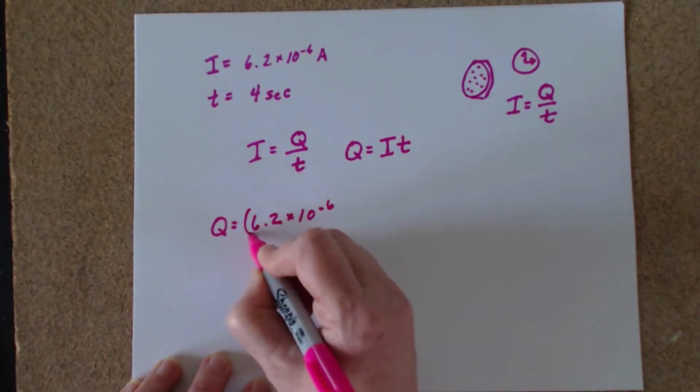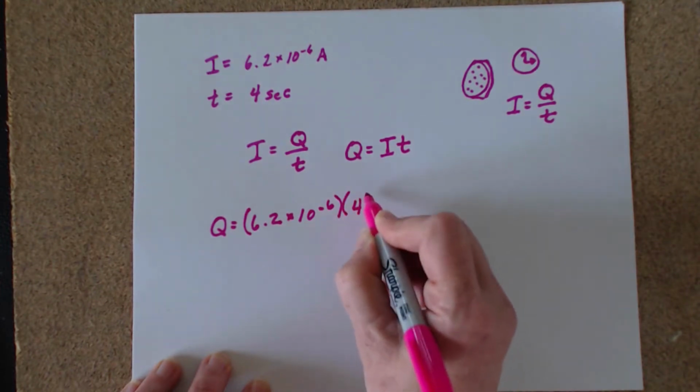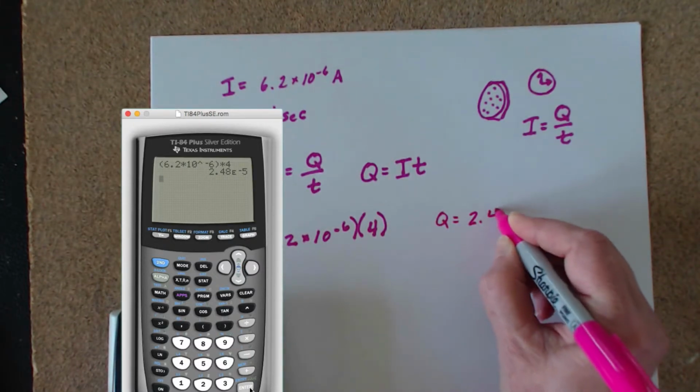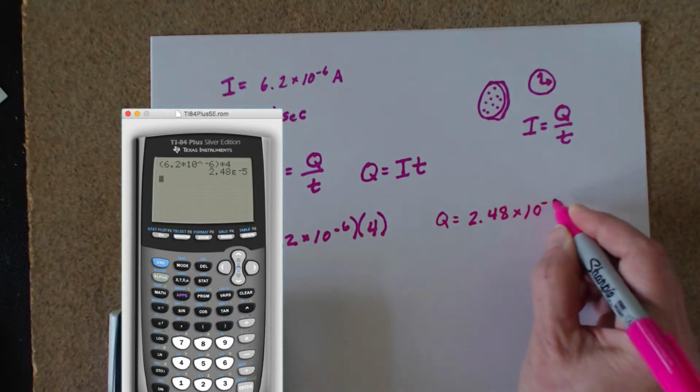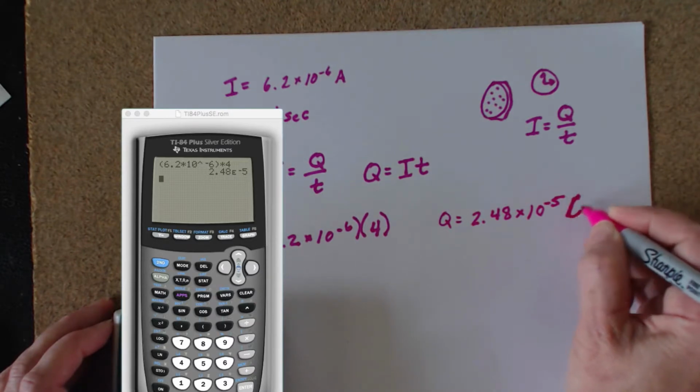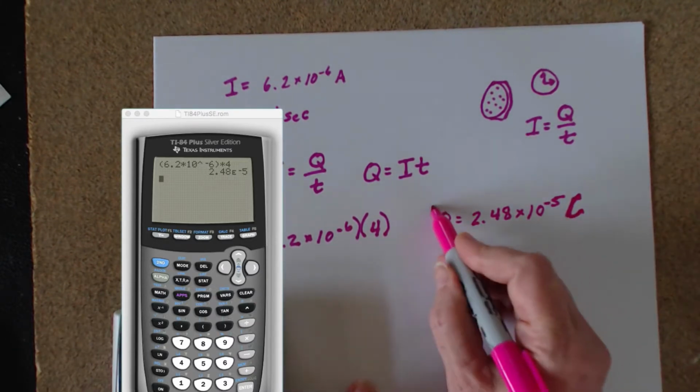We simply multiply these two numbers together. This gives us a charge of 2.48 times 10 to the negative 5 coulombs.